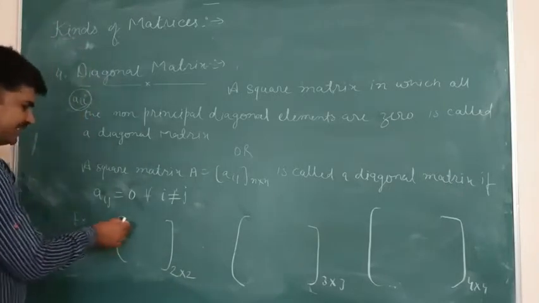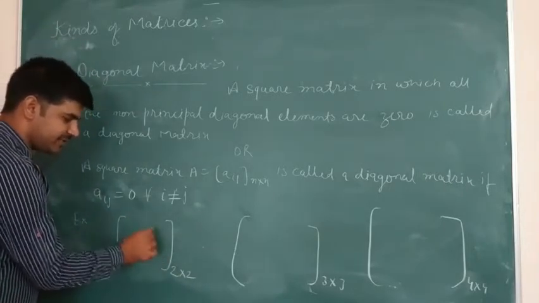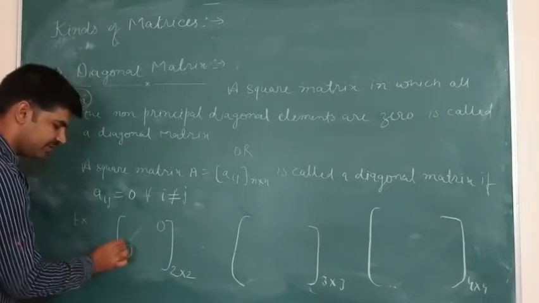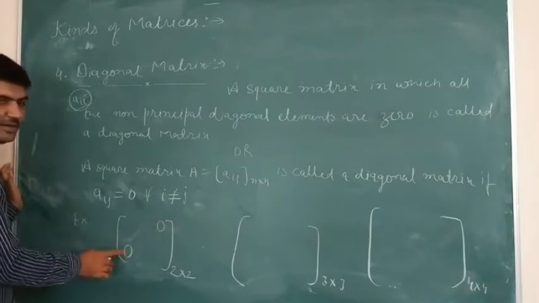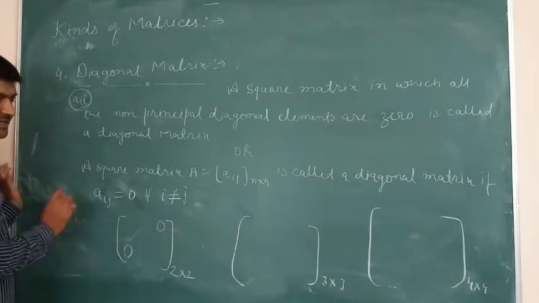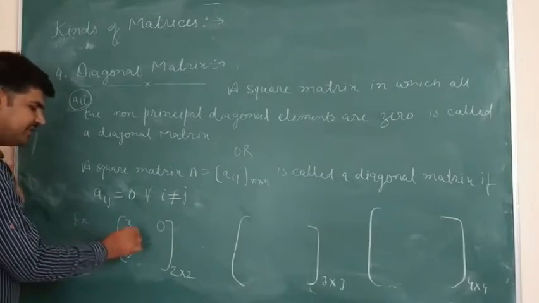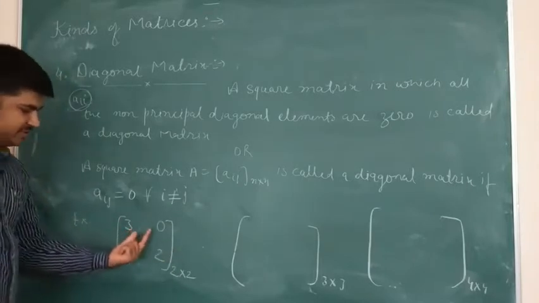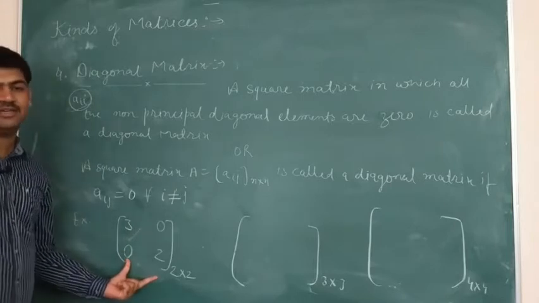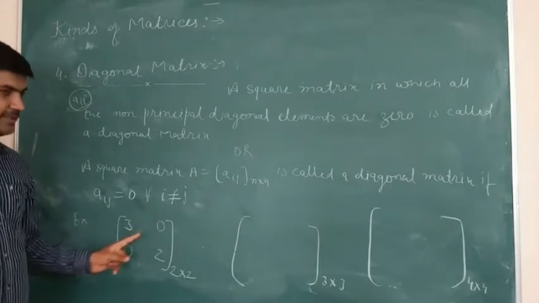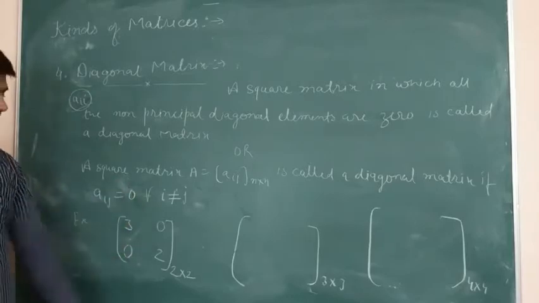So to make this square matrix of order 2 by 2 a diagonal matrix, what we need to do is to put these non-principal diagonal elements 0. Now here you may put any particular number, suppose 3 and 2 I have put. So it is a diagonal matrix as its non-principal diagonal elements are 0.